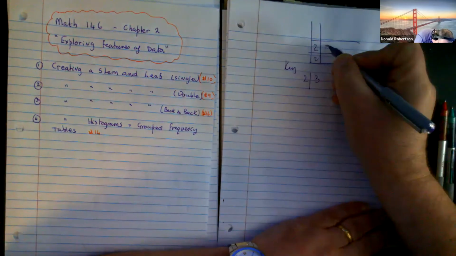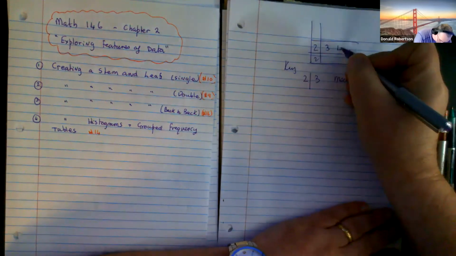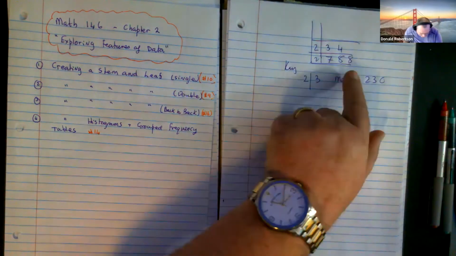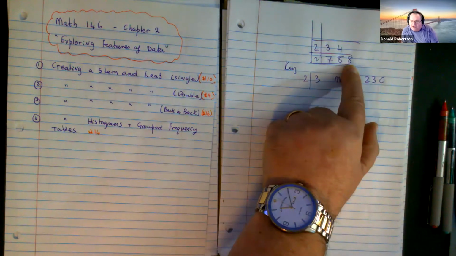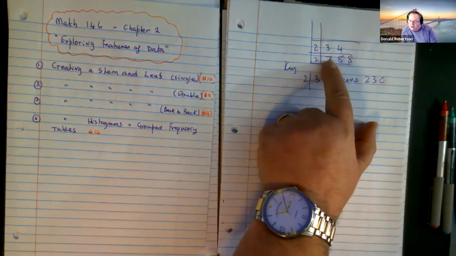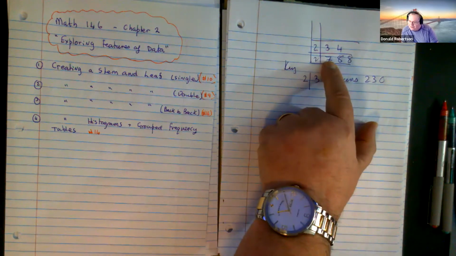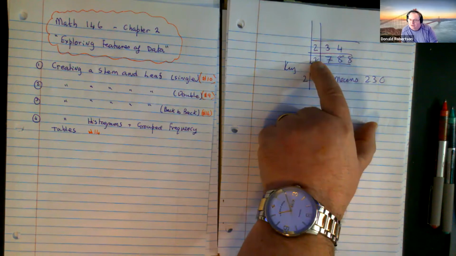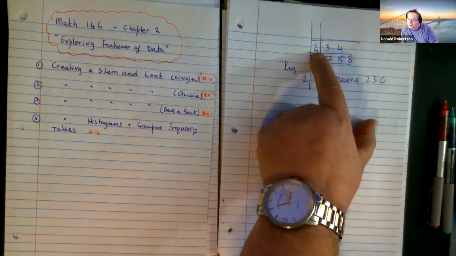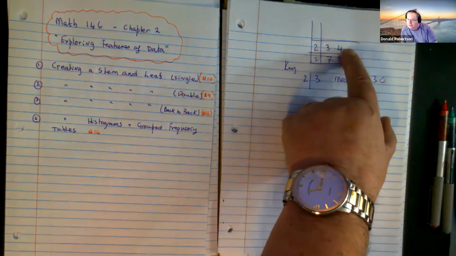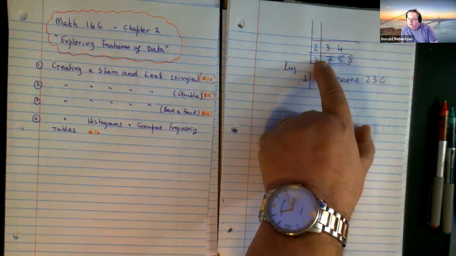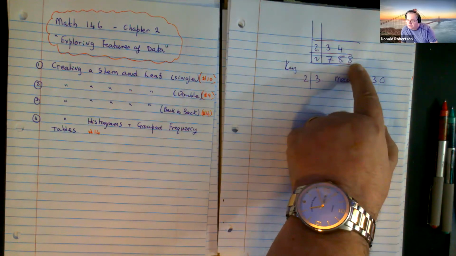So when somebody sees a 3 there, or a 4 there, or a 7 there, or an 8 there, they know that that 8 actually means 280, right? And that 7 means 270. So that leaf, that's the name you give to it. That 7, the leaf 7, is part of this, so 270. And you see what we mean about the 0, 1, 2, 3, 4s go here, and the 5, 6, 7, 8, 9s go here, right?